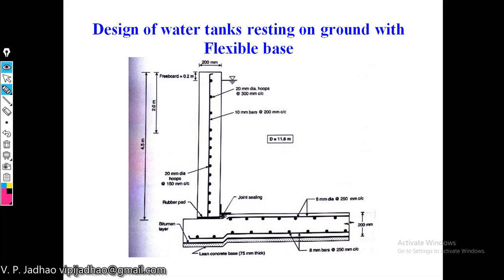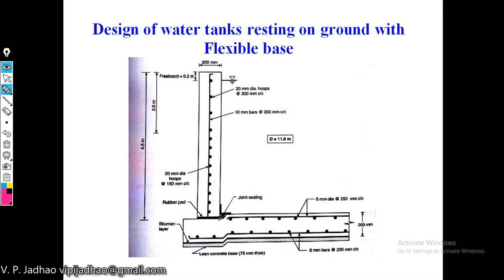Also some water bar will be provided between this joint, so that will also prevent the leakage of water. So this is the behavior of water tanks resting on ground with flexible base. No bending moments are developed in this type of water tank.